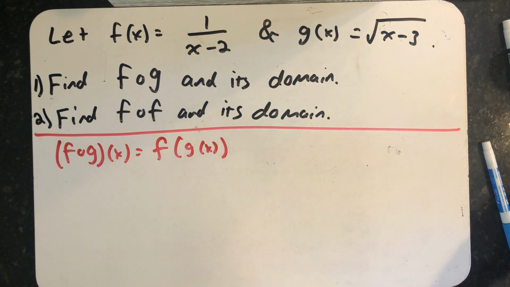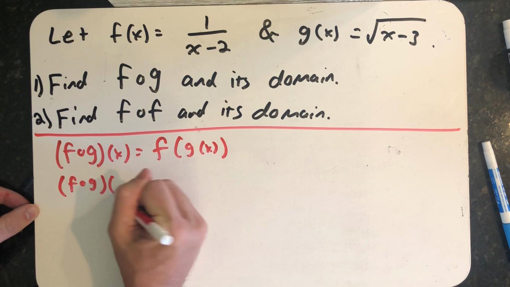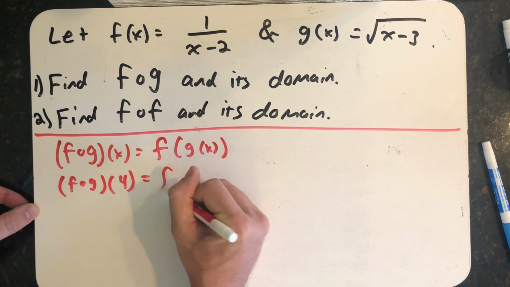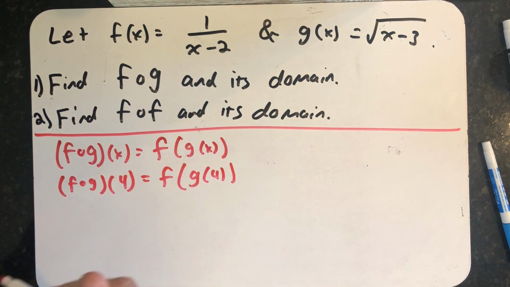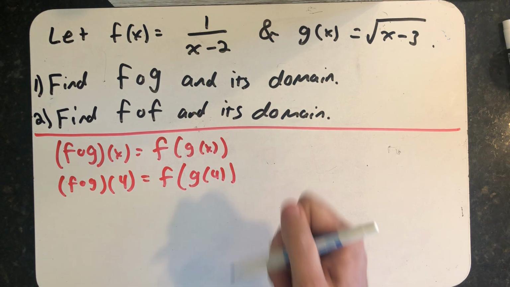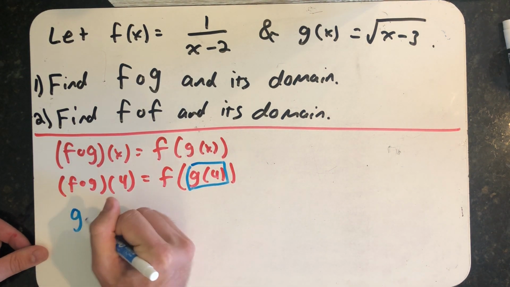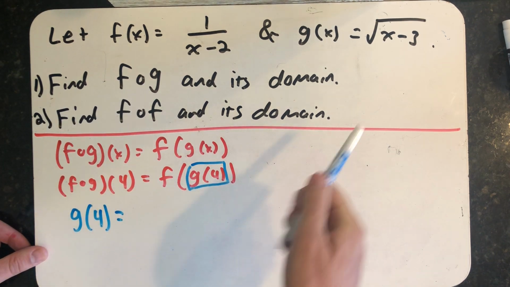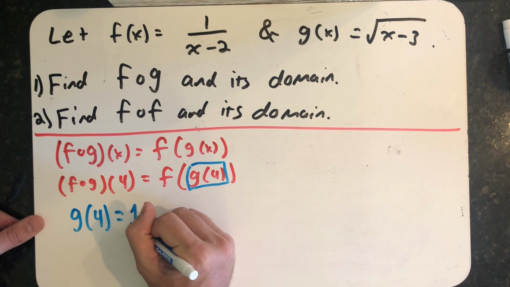So let's evaluate f composed with g of 4 using this two-step process. If I look at just the inside function, I'm going to start by evaluating g of 4. 4 minus 3 is 1, the square root of which is also 1.